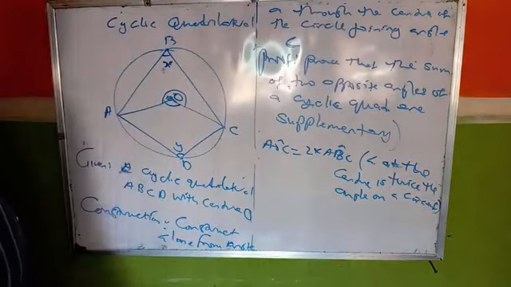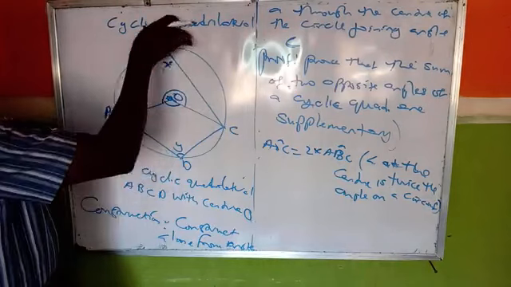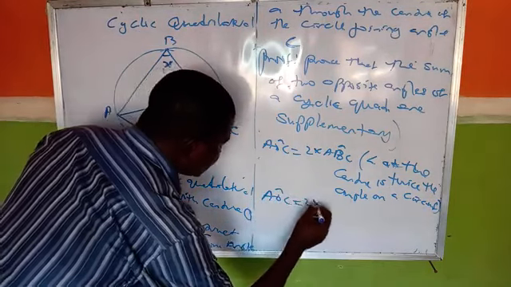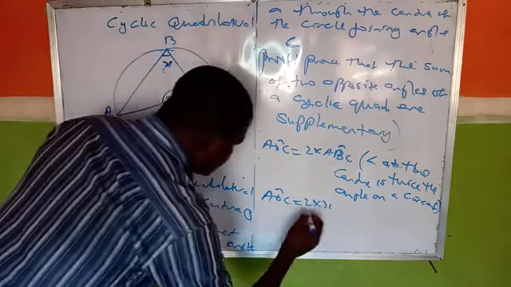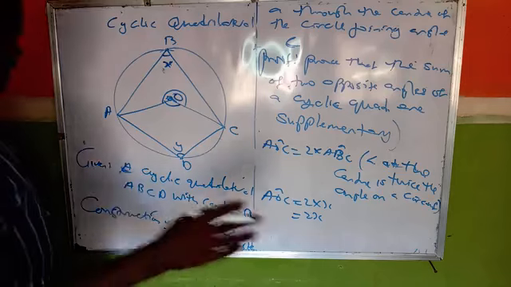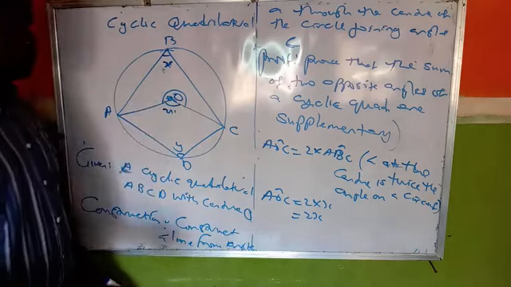That is AOC. This angle AOC is 2 times this. So you have angle AOC equal to 2 times x. So AOC will be what? 2x. Again, that's for the obtuse angle.